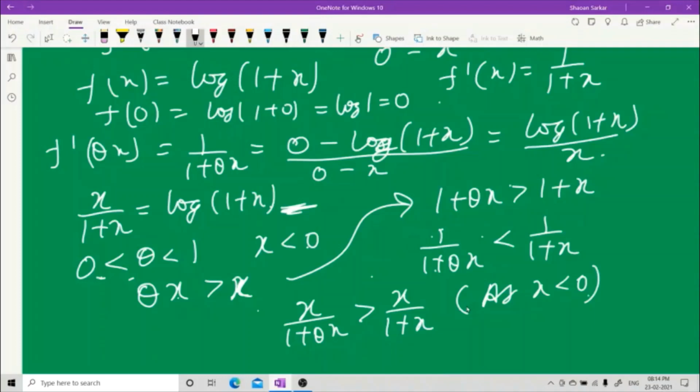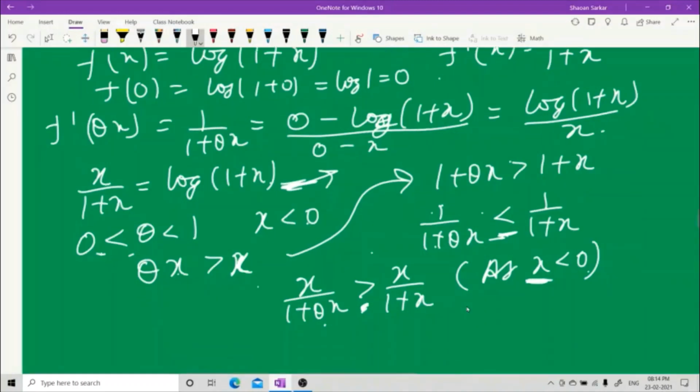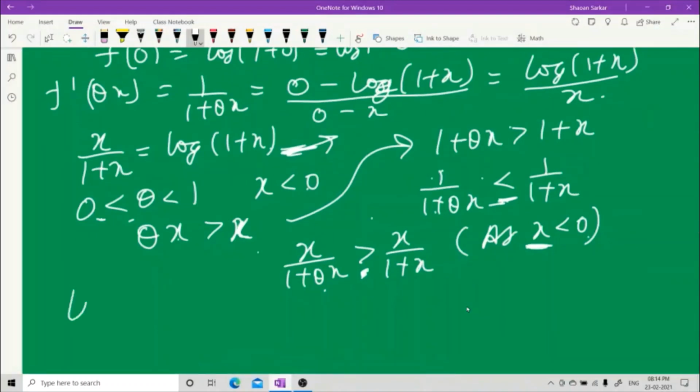The inequality will change if you multiply with a negative quantity x. Therefore the first equation is log 1 plus x is greater than x upon 1 plus x. This does the job. This is equation number 1.